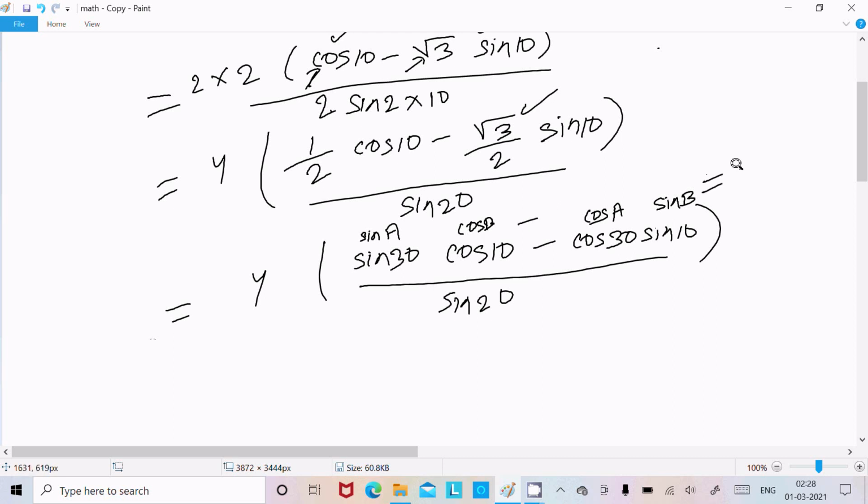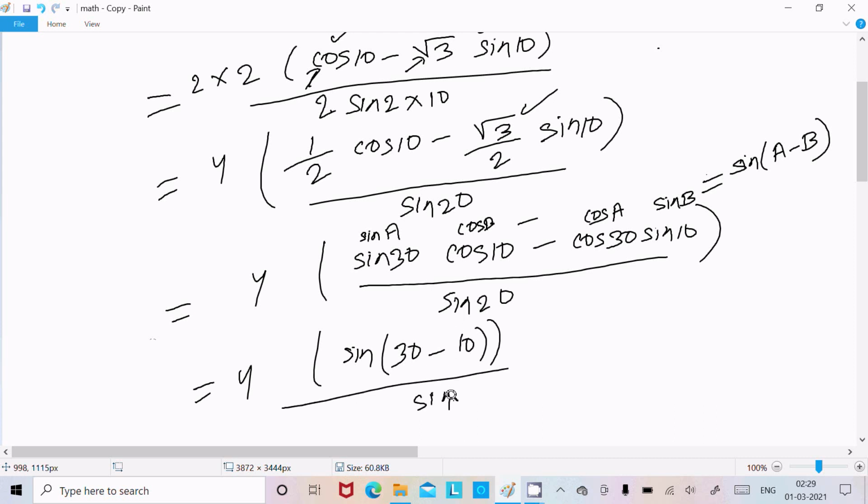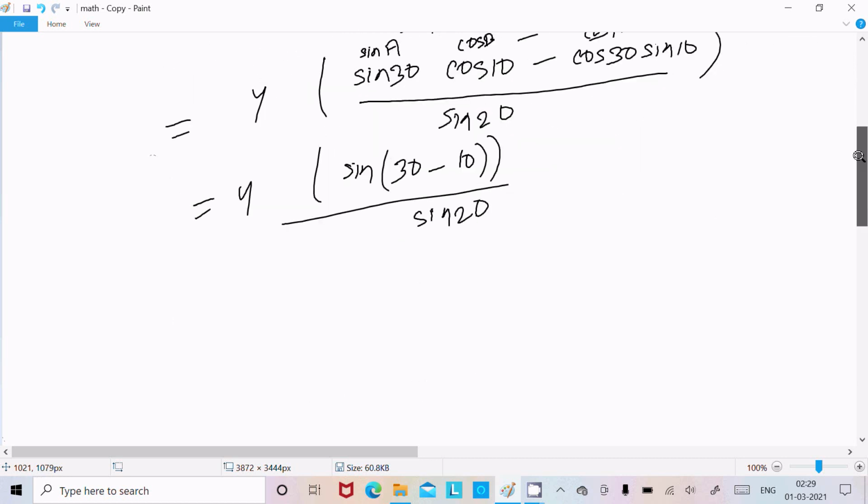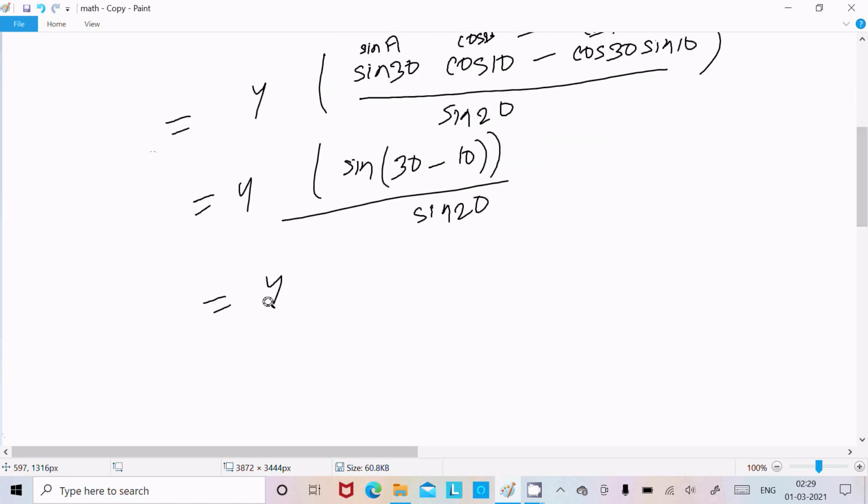So this formula is called sin A minus B. So here sin A value is 30 minus B value 10, divided by sin 20. So sin 30 minus 10, that is sin 20, divided by sin 20.